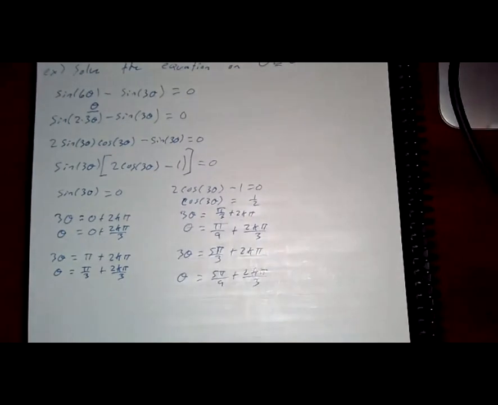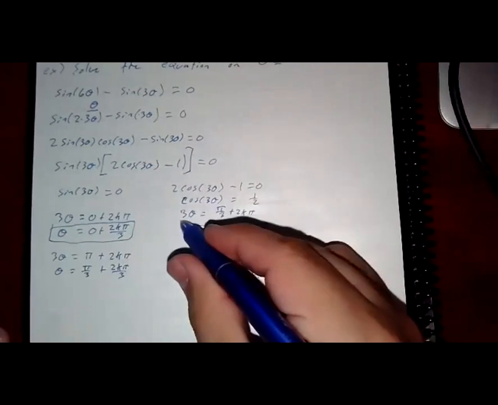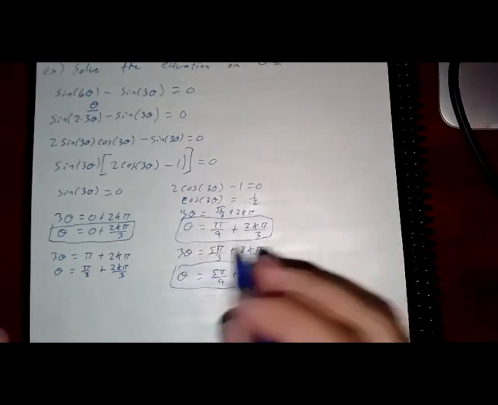All right. So now let's create our set. These right here are the infinite sets. But since we are looking at all the answers between 0 and 2 pi, I will use these two sets to create the solution set, which is finite in this case.